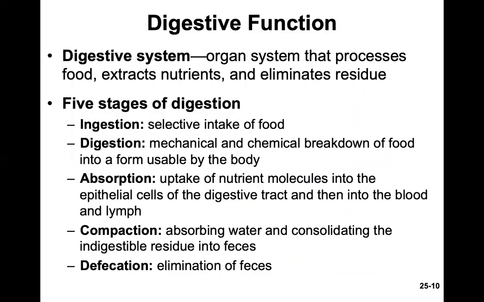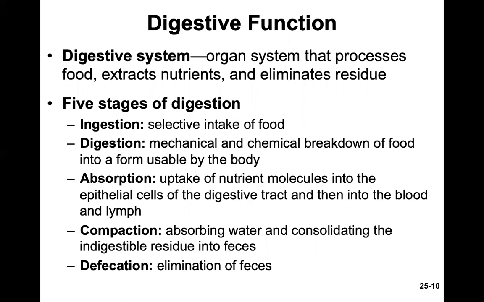So, function of the digestive system. You have a system that will take food in, break food down into its smallest parts, extract the nutrients from that, and then get rid of what's left, the waste. You have the 5 stages of digestion. Ingestion is taking food in, like eating.